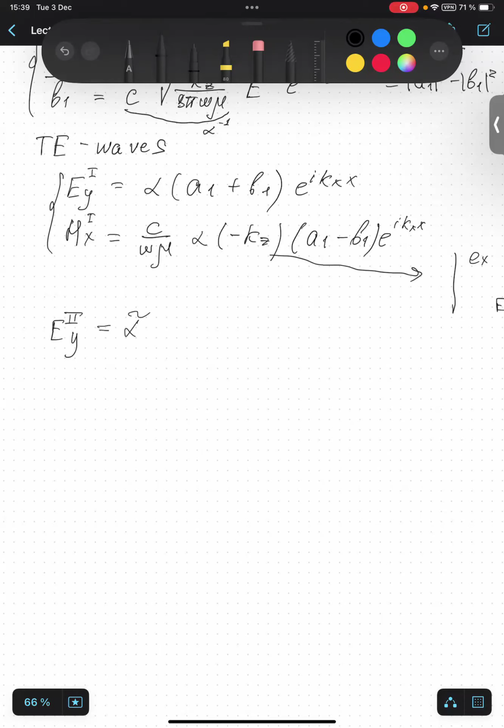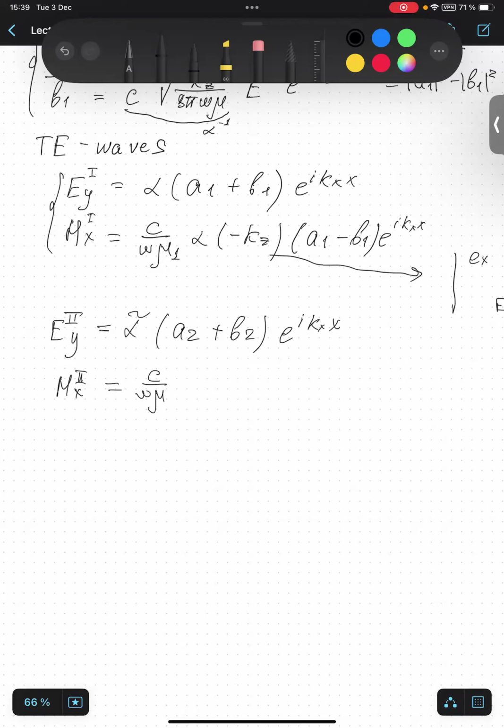So basically, it might be different. So (A2 plus B2) e^{ikx x}, and the magnetic field in the second region, c over omega mu.